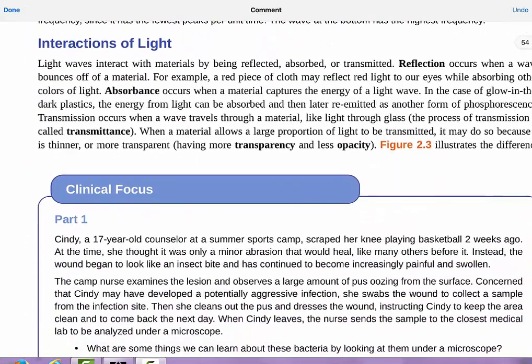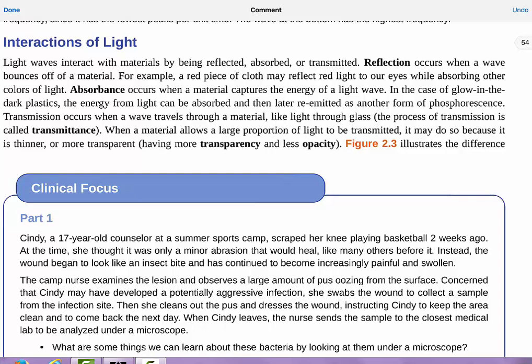So, interactions of light. Light waves interact with materials by being reflected, absorbed, or transmitted. Reflection occurs when a wave bounces off of a material. So it's reflected. You can think of a mirror, for example. For example, a red piece of cloth may reflect red light to our eyes while absorbing other colors of light.